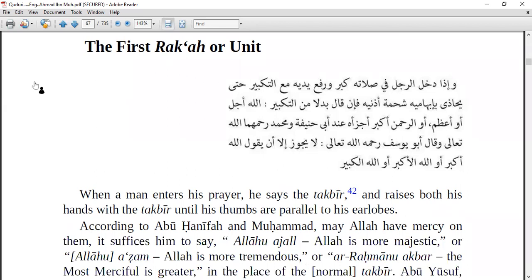Anything denoting the majesty of Allah subhanahu wa ta'ala, the greatness of Allah subhanahu wa ta'ala, any word other than Allahu Akbar which gives the same meaning, أجزأه عند أبي حنيفة ومحمد رحمه الله تعالى. According to the Tarafain, all of these words are sufficient. They are all acceptable in the place of Allahu Akbar, in the place of Takbir.